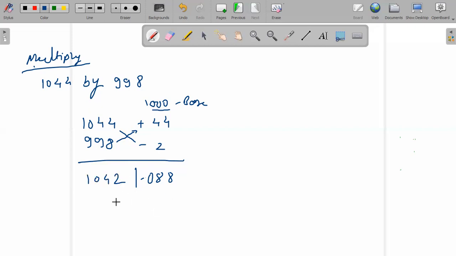Okay. Now, what is the next thing? The next thing is 1042. While multiplying with the base, you just have to put zeros. How many zeros are there in the base? There are 3. So just put 3 zeros and subtract 088. So the answer will be 1042912. Yes, 9 minus 8.